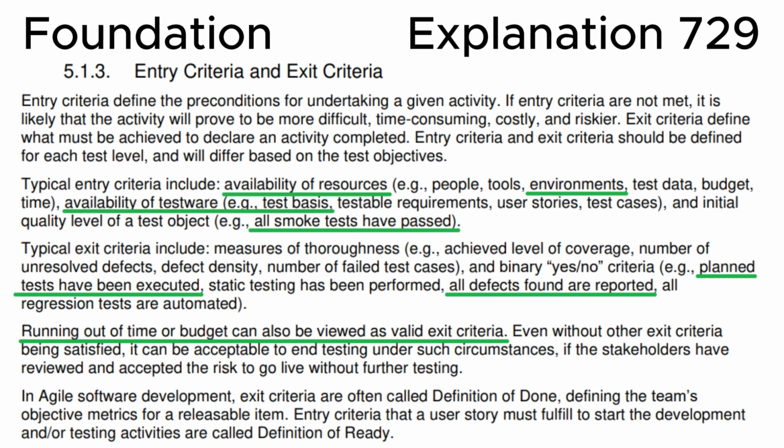Option 6. Typical exit criteria include measures of thoroughness, e.g., achieved level of coverage, number of unresolved defects, defect density, number of failed test cases, and binary yes-no criteria, e.g., planned tests have been executed (option 2), static testing has been performed, all defects found are reported, all regression tests are automated.